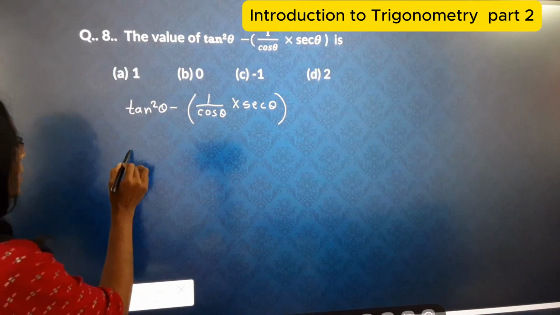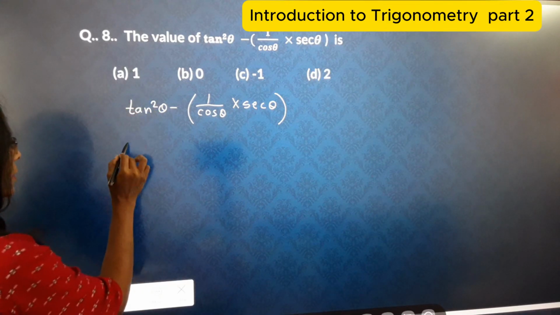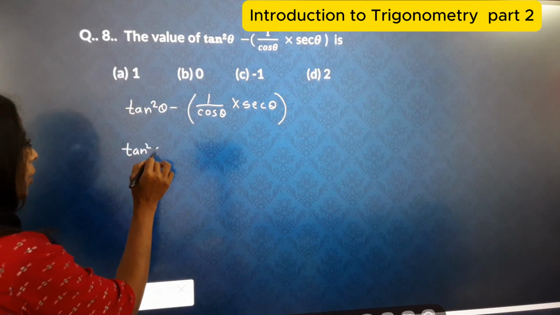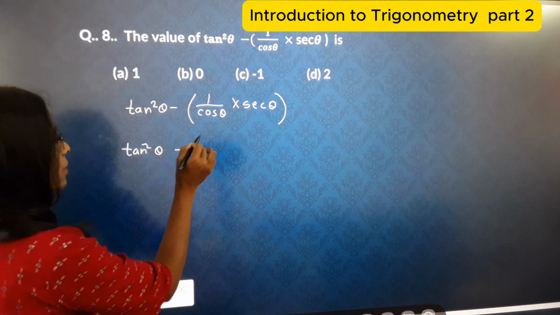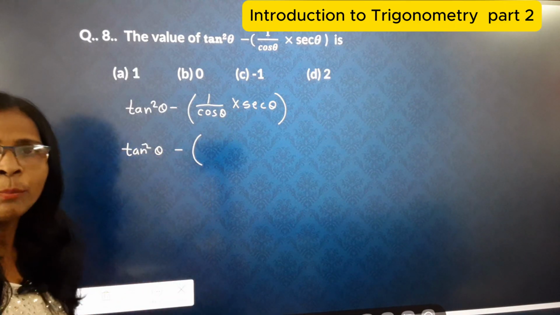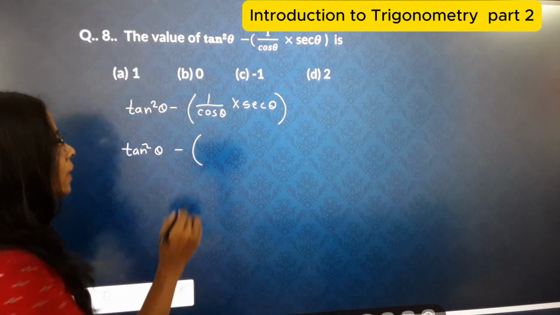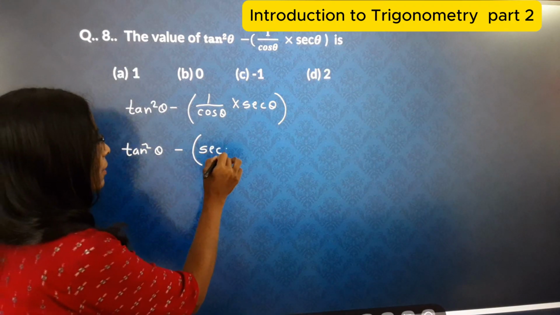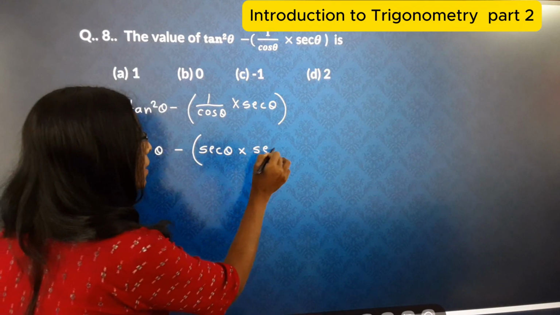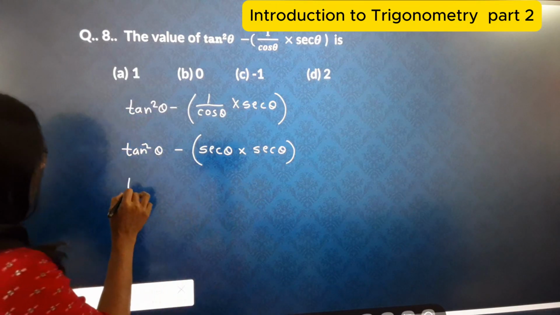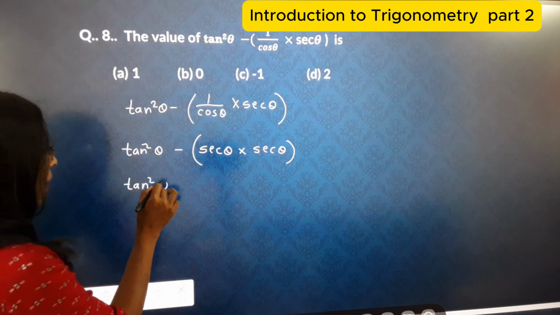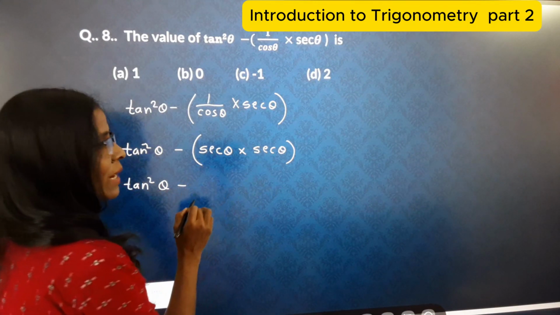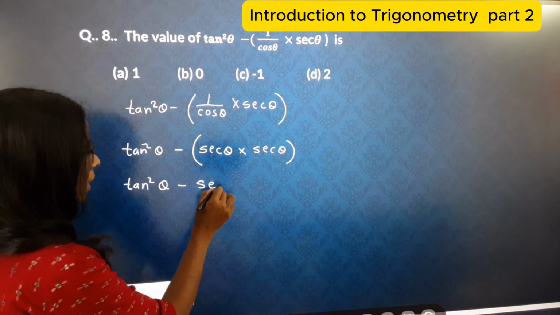Tan square theta, I write as it is, do not disturb it. Then minus 1 upon cos theta, that means sec theta. So I write sec theta and multiply sec theta. So now tan square theta minus sec theta multiply sec theta, that means sec square theta.